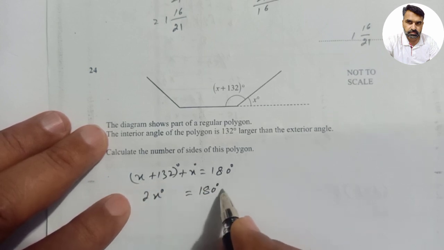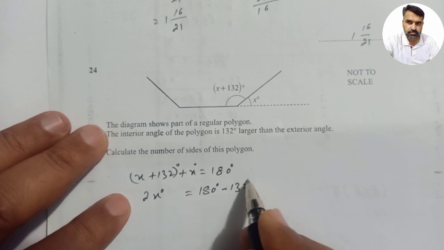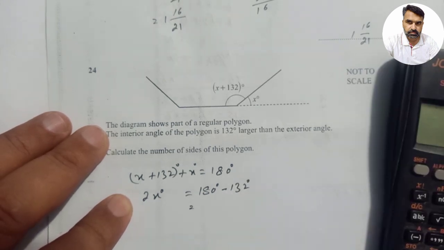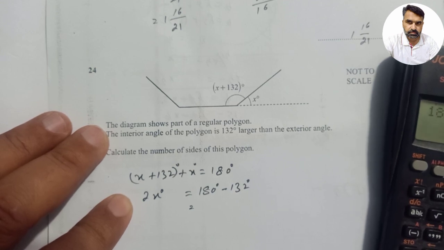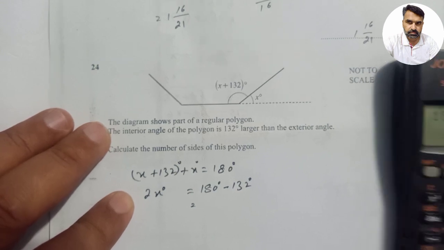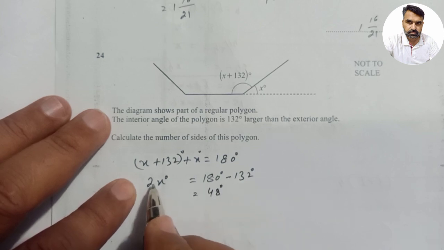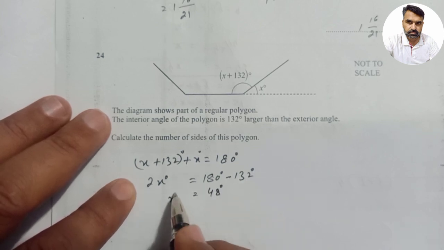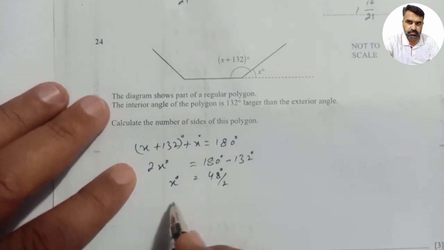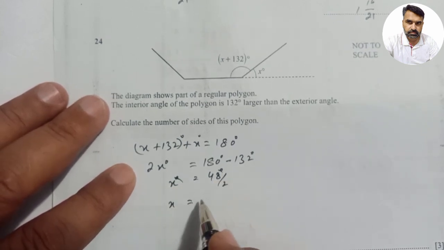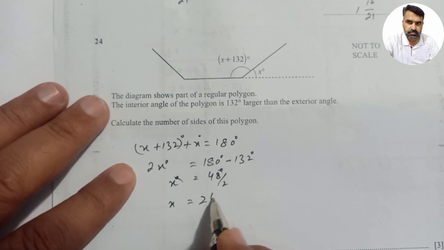So 180 degrees minus 132 degrees, 180 minus 132, and the answer is 48. And 2 is multiplying with x. When we transfer it to the other side, it will divide, and the degree will be cancelled with degree, and the value of x is 24.